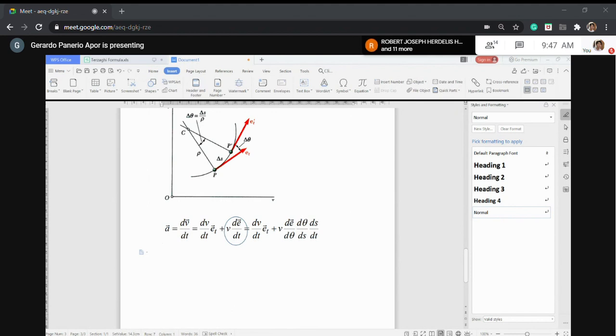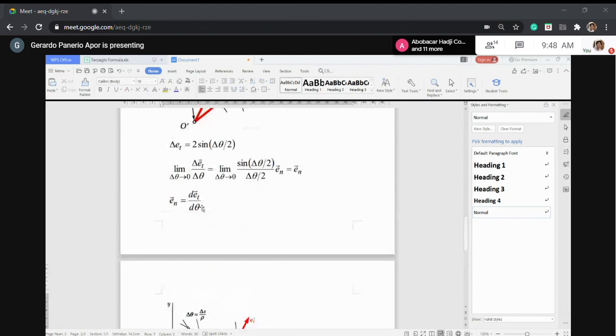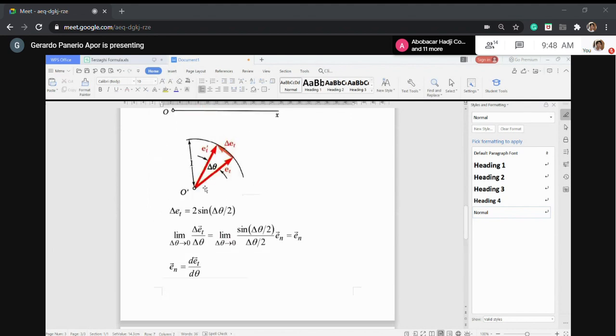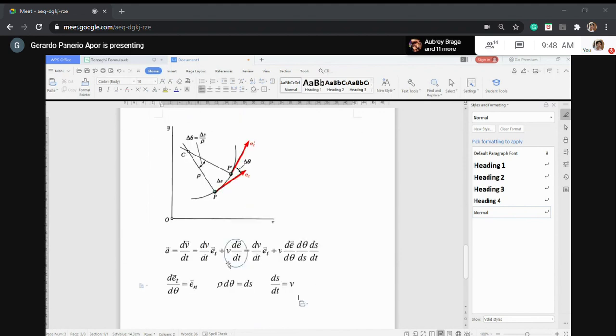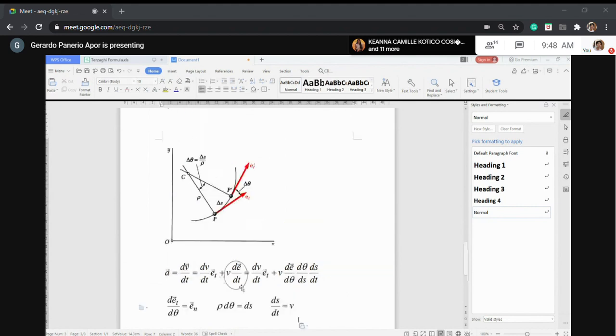Knowing from our previous derivation that En is equal to this from the change of angle, and we have a figure here, dET will become dN, and the value rho d theta equals ds, and ds over d theta equals rho.